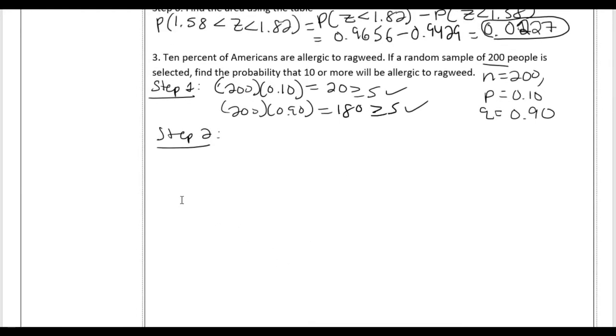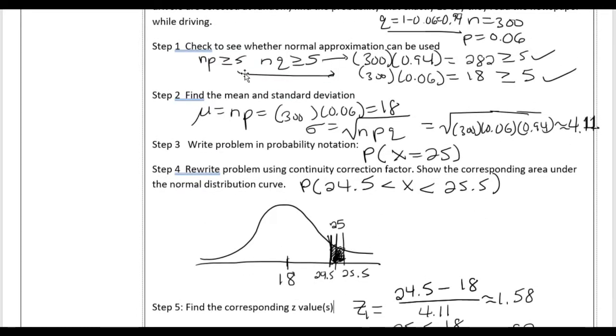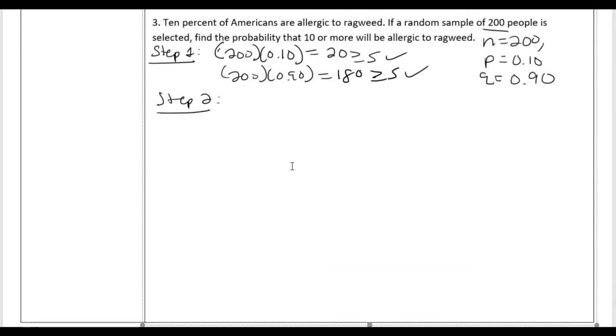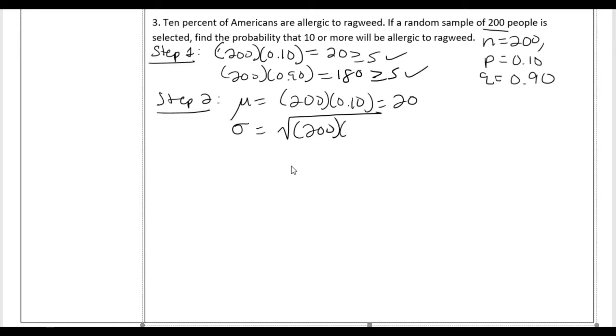Step 2. According to the steps, we want to find the mean and all that stuff, and then write the probability. So mu is 200 times 0.10, but I'll write it out. Standard deviation is the square root of 200 times 0.10 times 0.90.